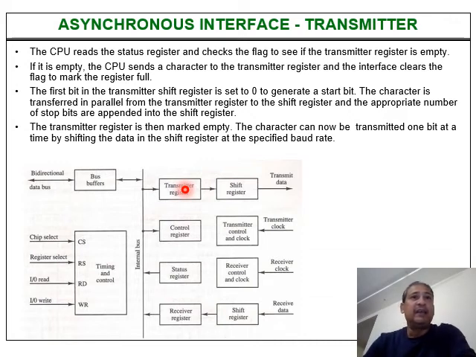Now here in this transmitter register, the start and stop bits are added. The first bit is set to 0, then the character bits, and finally we add 1 or 2 stop bits as per the system. Now these 11 bits are sent in parallel to the shift register, from where they are transmitted in series to the outside.